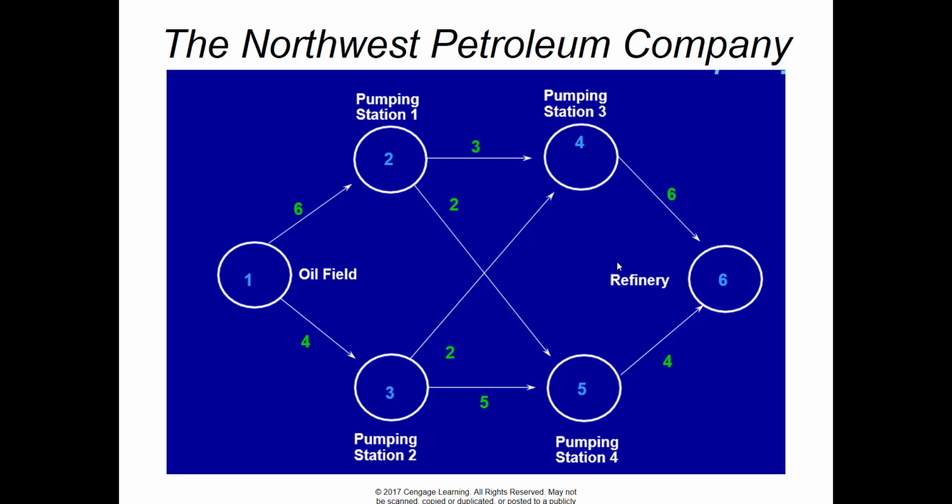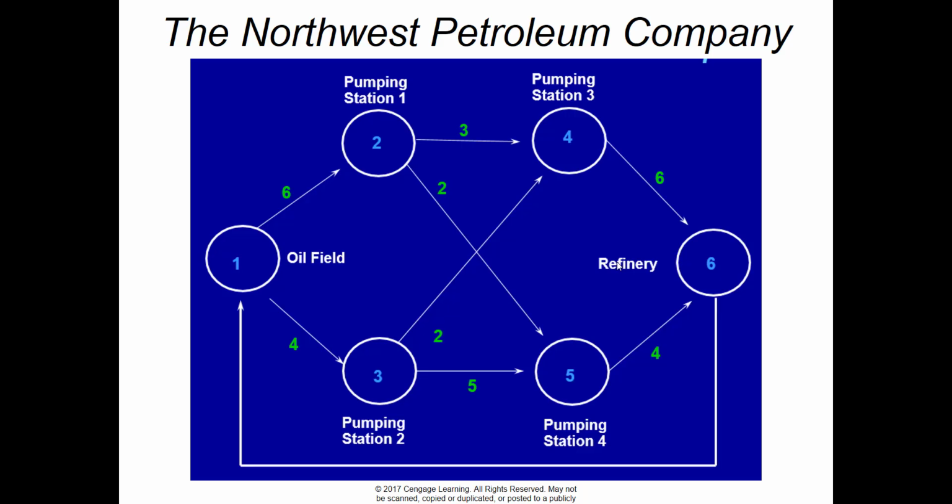So you may wonder, okay, this is a problem, how can I model it? Because the examples that we had had a supply and demand, but in this case we don't have a demand or supply. So there is a way: we connect the last node, the destination node, to the source node by an arc. So we add a new arc.